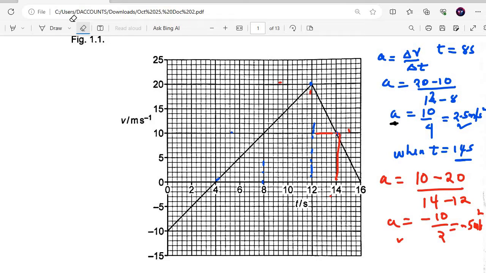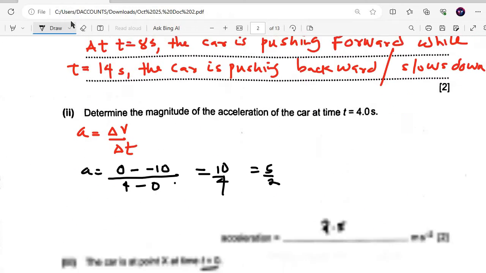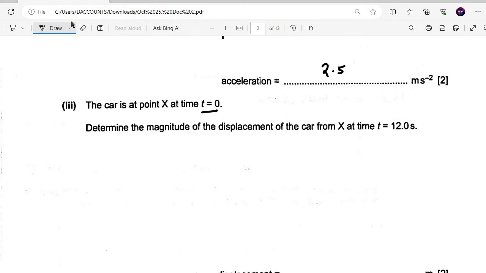And what does displacement imply? Displacement implies total area under the graph, or area under the graph in specific. Whenever you hear displacement, it means area under the graph, if a graph is given. So the question is displacement of the car from x to t equal to 12 seconds.